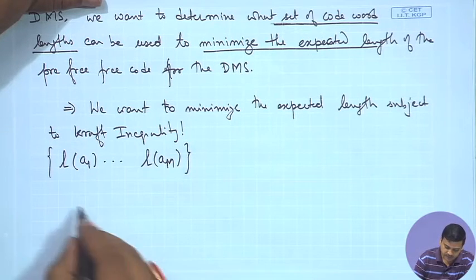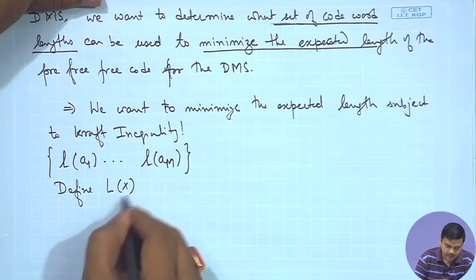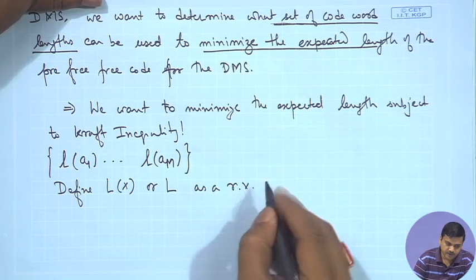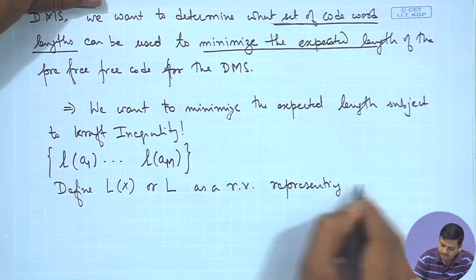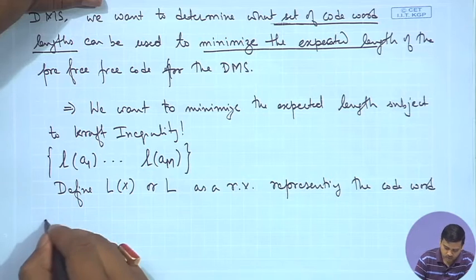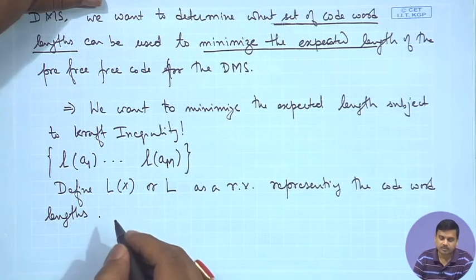And then we would define L of x, or simply L, as a random variable representing the code word lengths for a randomly selected symbol.